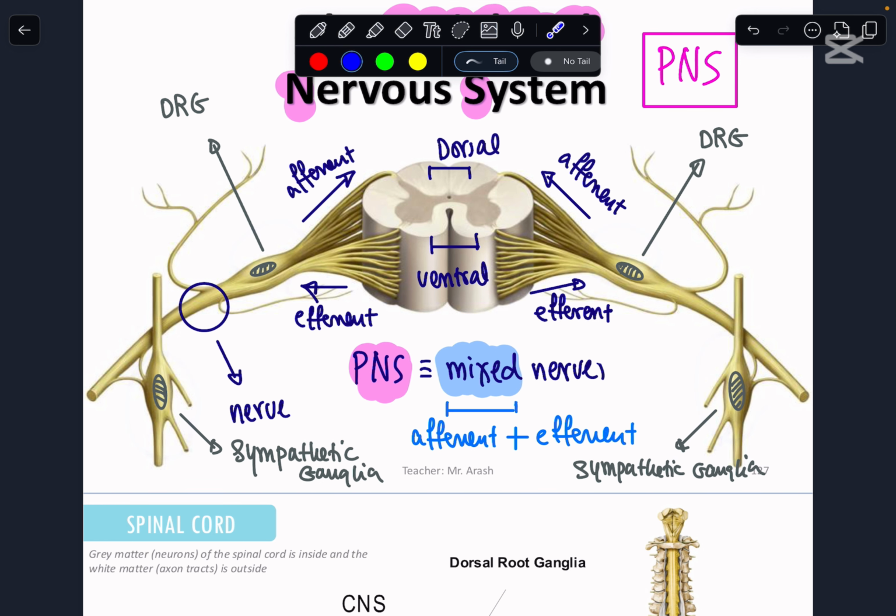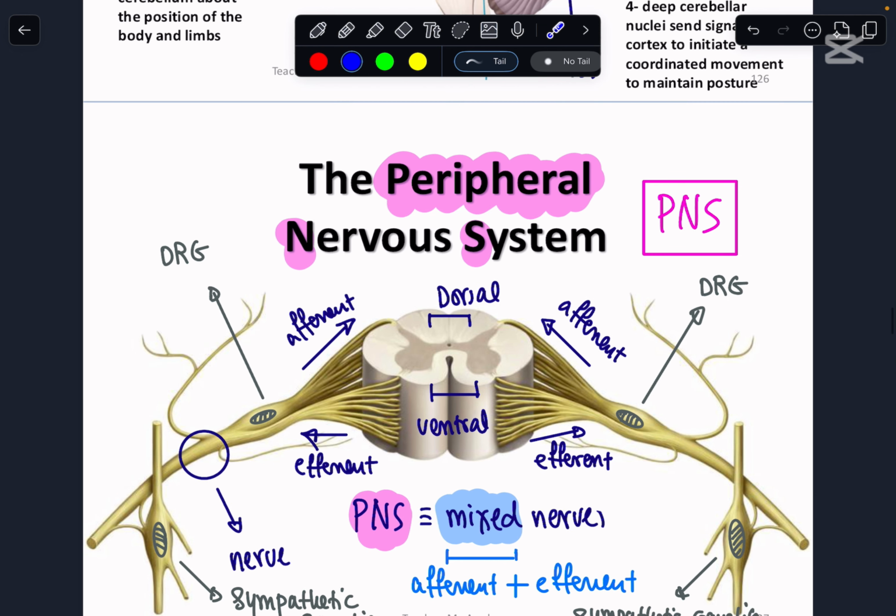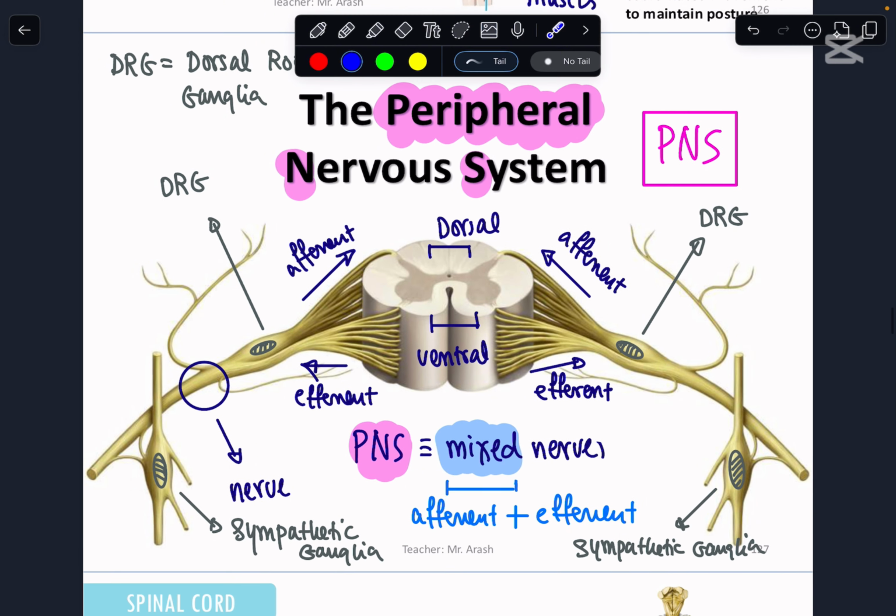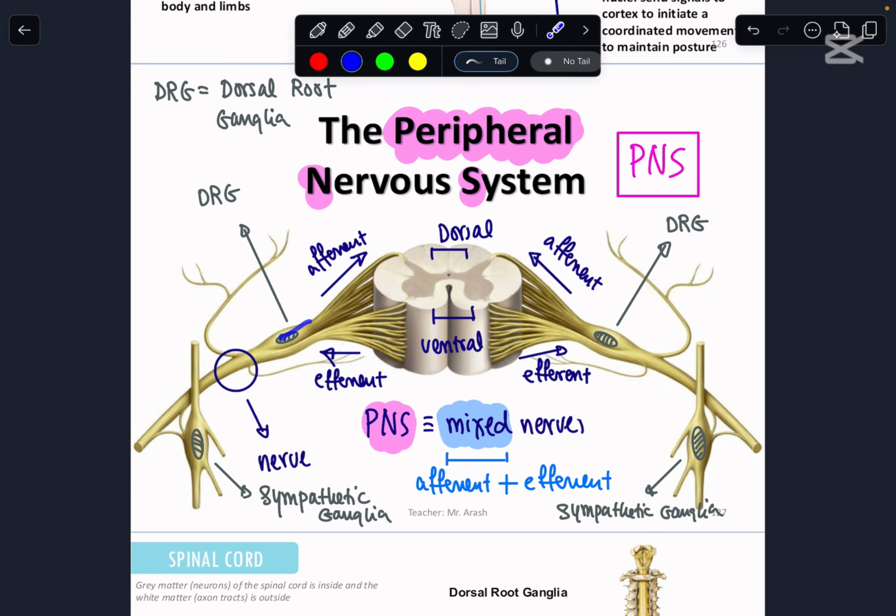So DRG stands for dorsal root ganglia. By the way, hopefully you remember, ganglia means a bunch of soma in the peripheral nervous system. So you would expect a bunch of somas here, here, here, and here.